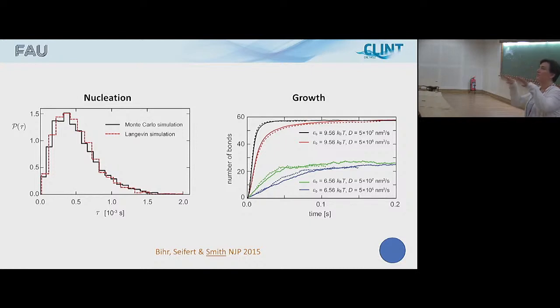I start with 0 bonds. No bonds. They choose whatever they want to do. So for the validation part, I don't pre-design anything. I randomly place them on the surface, and I let the system go.